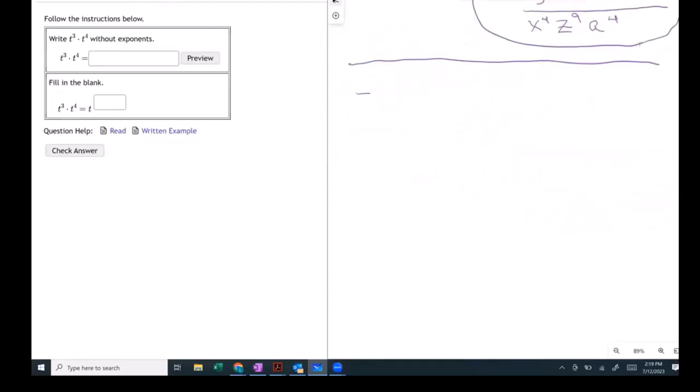If I have negative 3 squared or negative 3 squared, the exponent only affects what it is next to.